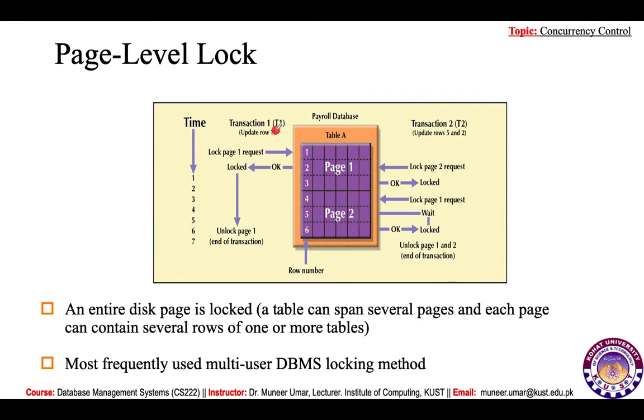So transaction 1 is given lock for page 1, and at the same time transaction 2 also requested this page, but since this has been locked, it must wait. At the same time transaction 2 also needs another page, so it requested another page, and the other page has been given to transaction 2.